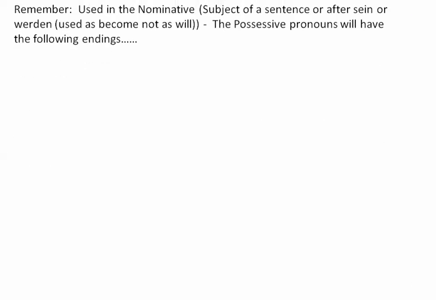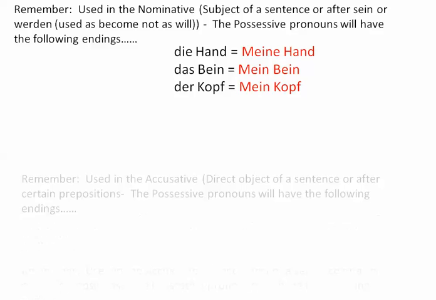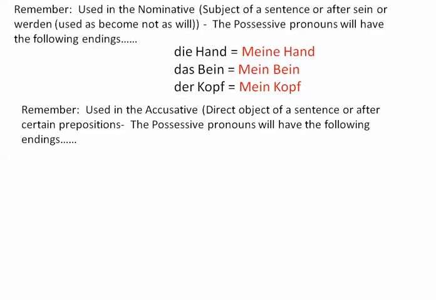Okay, so remember when you're using these possessive pronouns and it's the subject of the sentence, so it's nominative case, die words will have an ending, so it'll be meine Hand, and das and der words will just be the possessive pronoun by itself. In this case, mein Bein and mein Kopf.